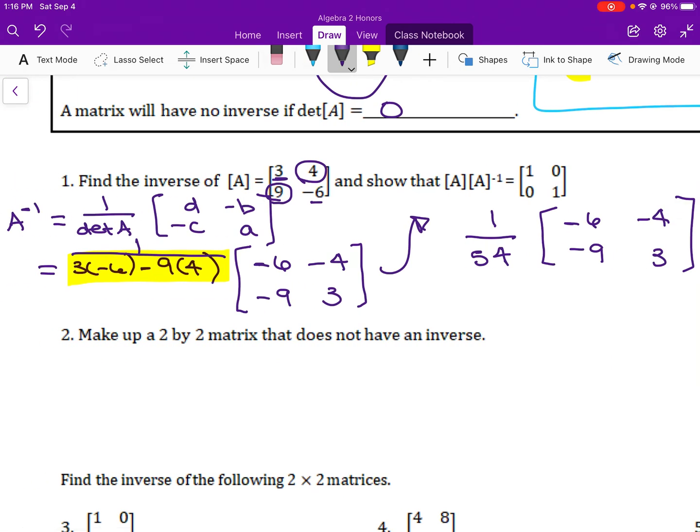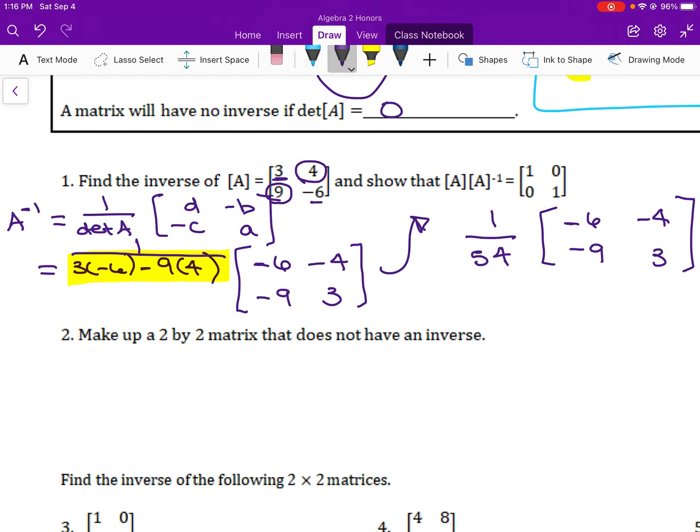I'm going to find the inverse. Remember that you can check your work if you're using a graphing calculator. I would definitely recommend, again, you don't want to be relying on this as a crutch, but it is a good idea to just check your work.